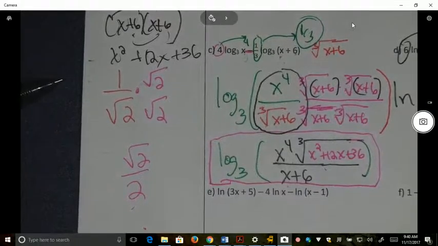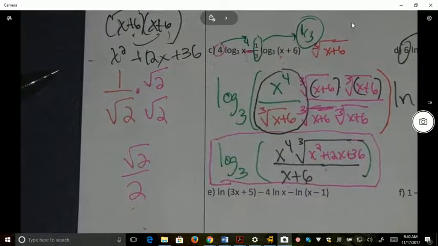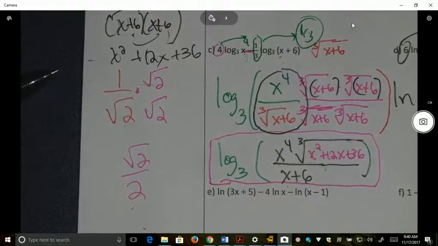Tessa? Why couldn't you just write in the denominator x plus 6 to the 1/3? Because fractional exponents are the same thing as radicals. So even though it's not written as a radical, I need to rationalize it.